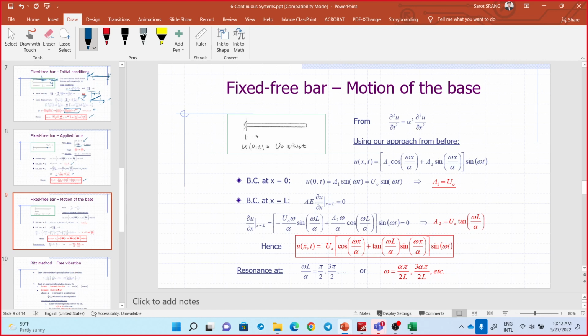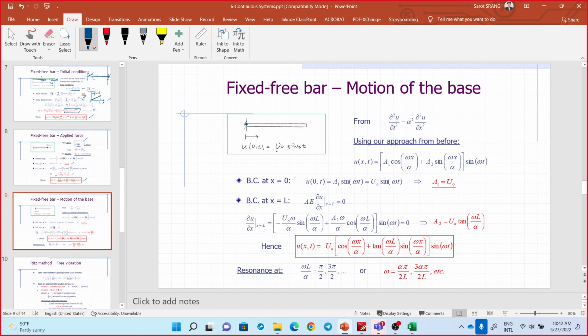And the next part, we consider the motion of the base. That means if the base has motion, it means this point has motion. And the motion is described by u at h equal to 0 as a function of time, equal to u0 sine omega t.